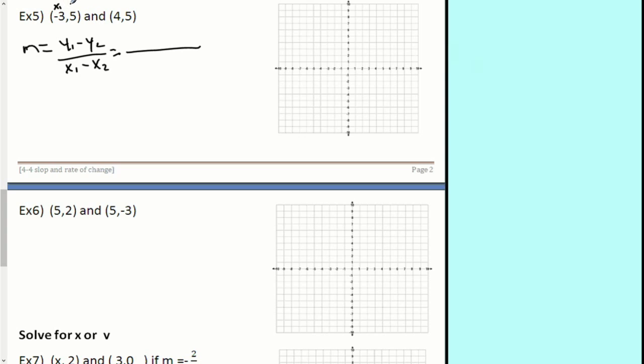So this is x1, y1. This is x2, y2. y1 would be what? 5 minus 5 over negative 3 minus 4. Okay? 5 minus 5 is 0. And negative 3 minus 4 is negative 7.